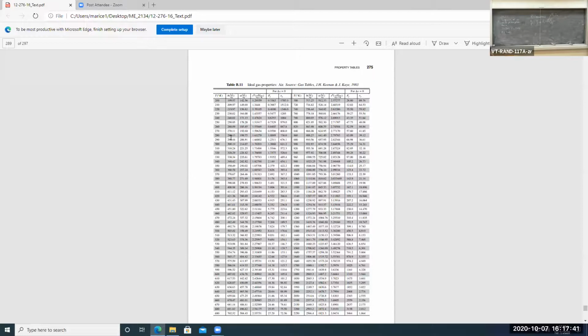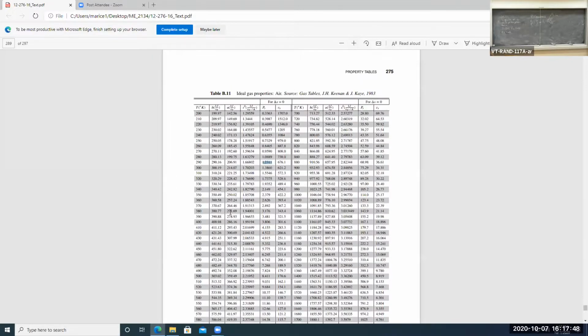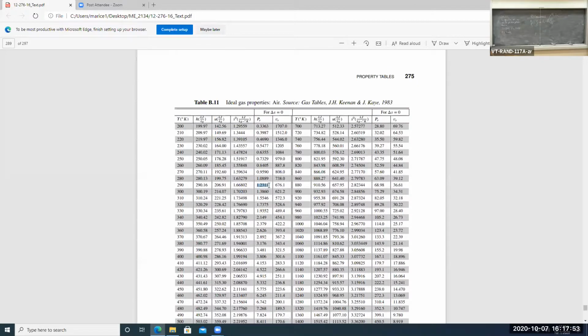Okay, 290 degrees, PR. Let me increase the size here. There we go. There we are. 1.23, 290 degrees, 1.23 is PR.